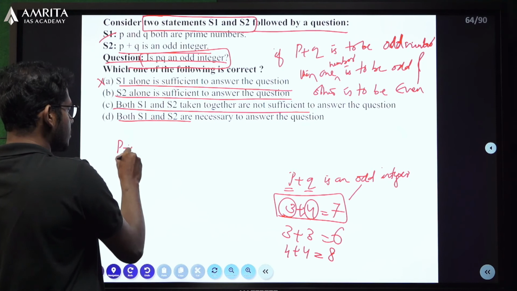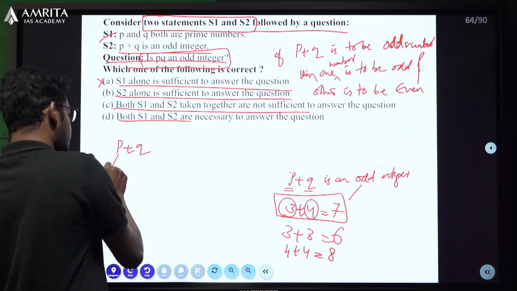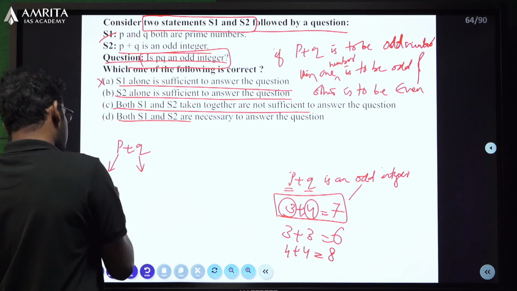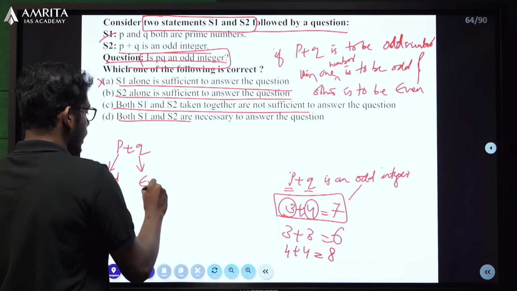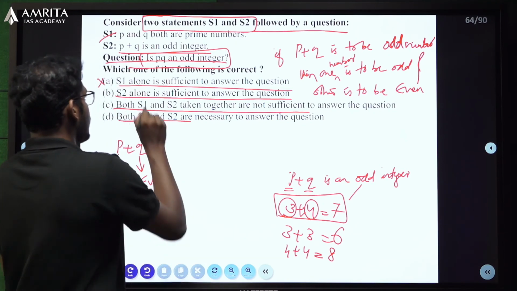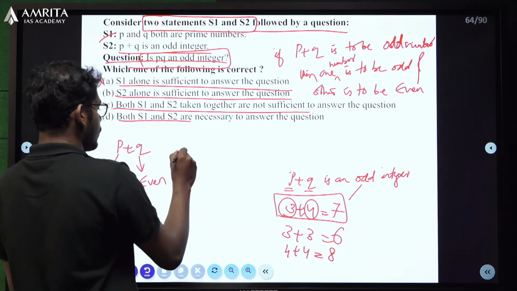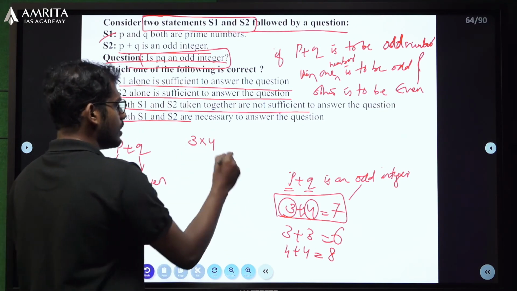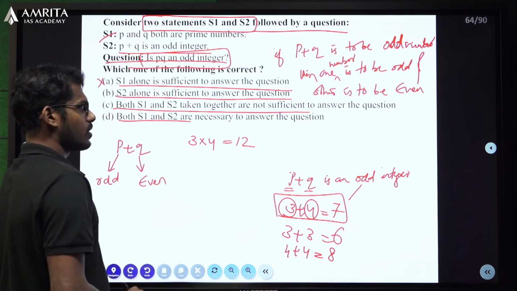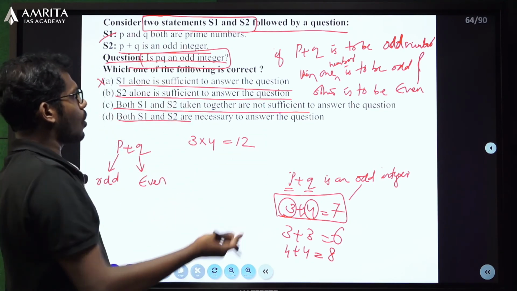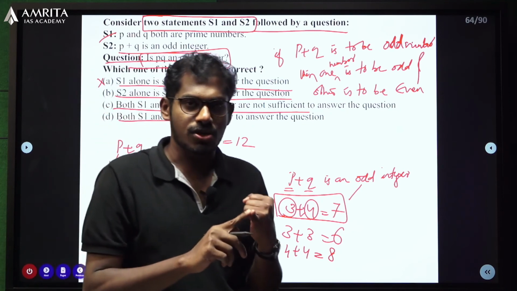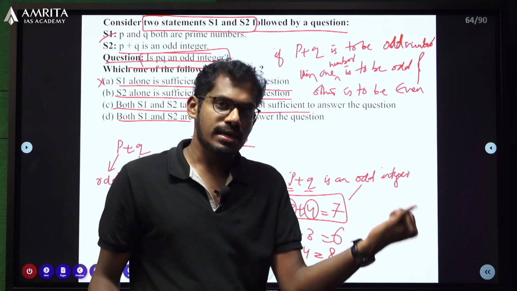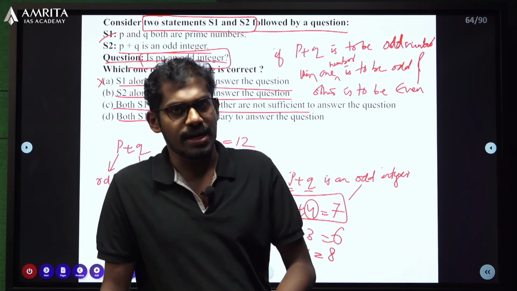So if P is an odd number, then Q must be an even number.